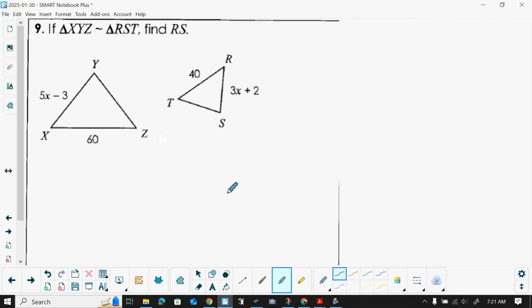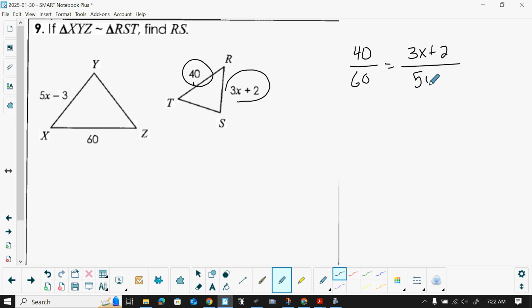Number 9. You match these up again. So I like to do the small to the large, so we'll do 40. Now 40, R side RT, first and last letter, XZ. That's that one. Notice I'm already noticing that can be simplified. 3x plus 2 would then be matched up with this one right here, 5x minus 3.